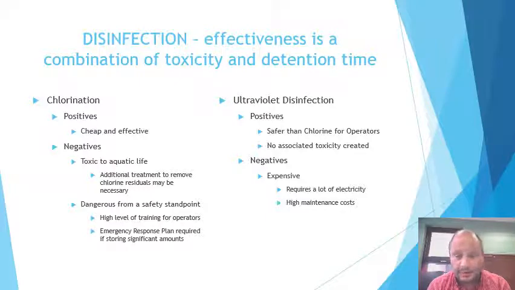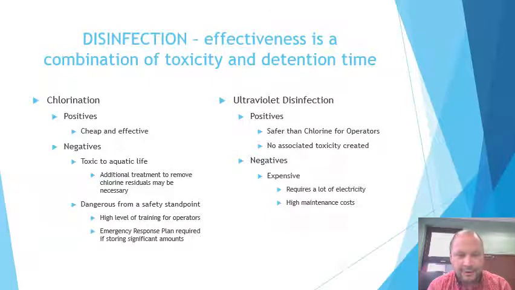Also, because it is toxic to aquatic life, most plants that have chlorine disinfection are required to basically remove any chlorine residual before discharge. So you inject chlorine into the flow to disinfect it, and then we have to remove it before we discharge it into the river.